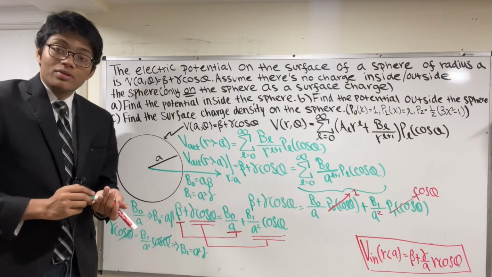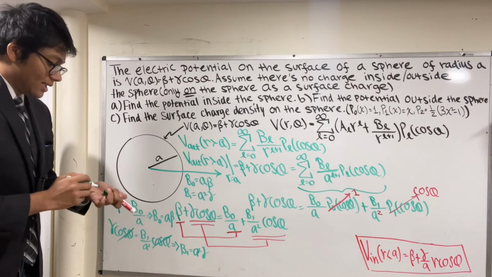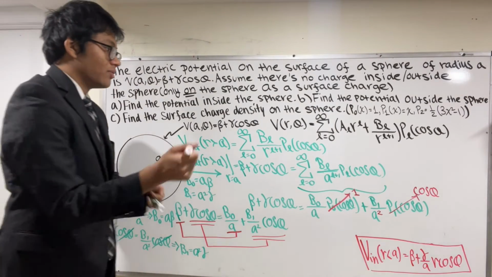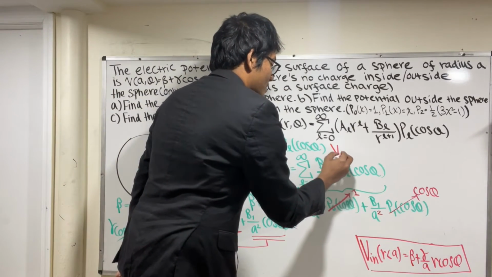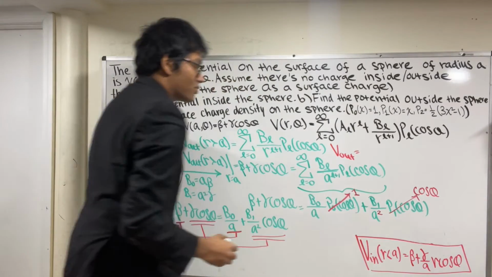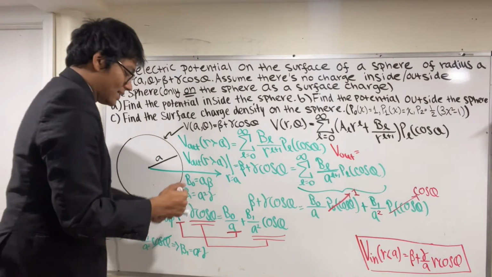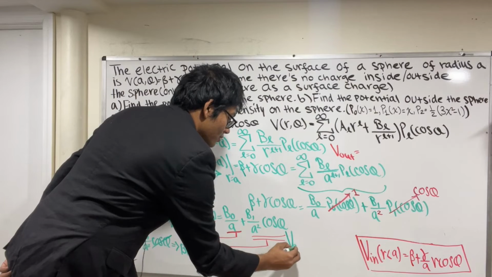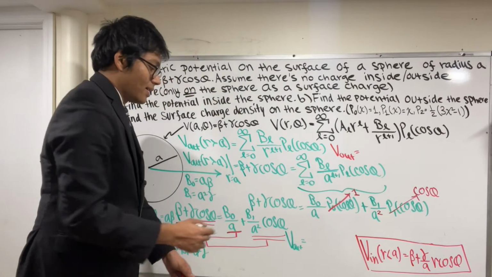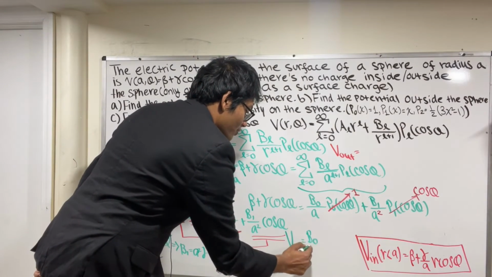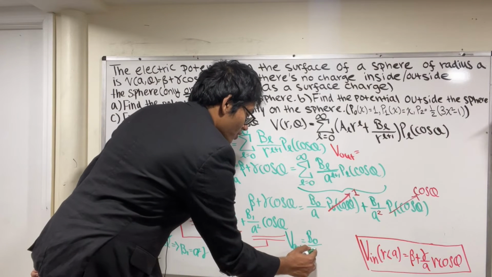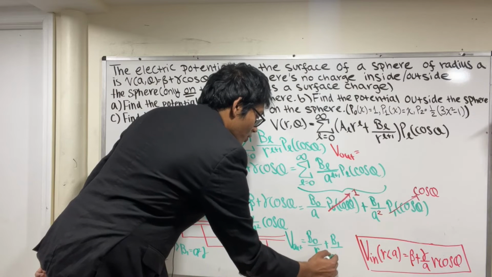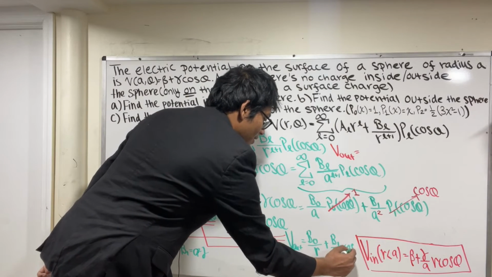So now I'm going to use this to write out my final electric potential outside the spherical charge distribution. As always, V out is going to be the L equals 0th term, which is B sub 0 over R, and then the L equals 1 term, which is B sub 1 over R squared cosine theta.